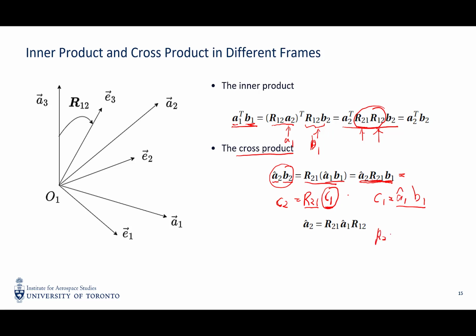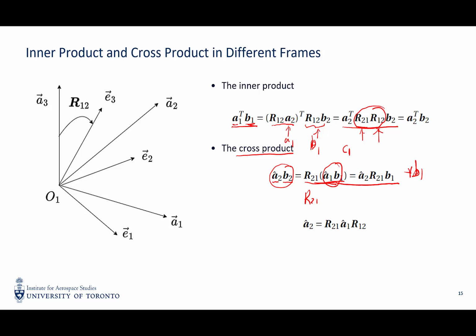But it should also be valid for any B1, meaning that A2 hat R21 is equal to R21 A1 hat for any B1. Because if it's valid for any B1, we can replace B1 with a series of unit vectors. Since this relationship should be valid for any B1, and these two are the same because what's inside here is C1, the same cross product expressed in frame 1.